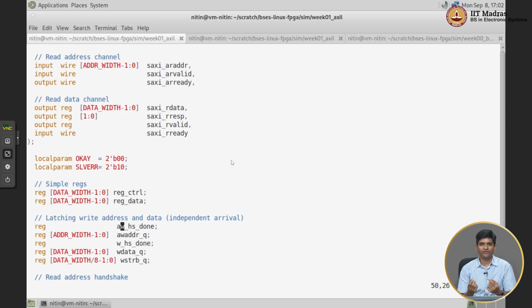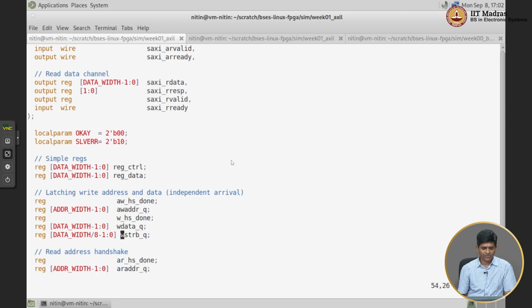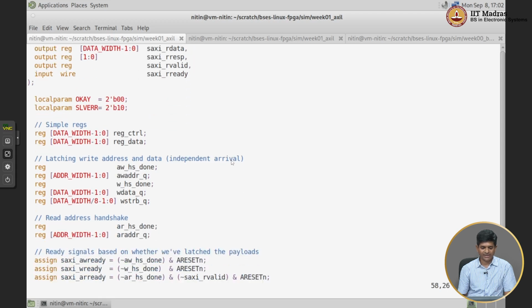So, I need to have two different signals that keep track of what state of the transaction I am in, and only after both of them have completed, that is, I have got the address and I have got the data, only then do I go into the response mode where I send back the response and clear both of these. And that basically is what we are going to do. Similarly, there is a read address handshake as well.